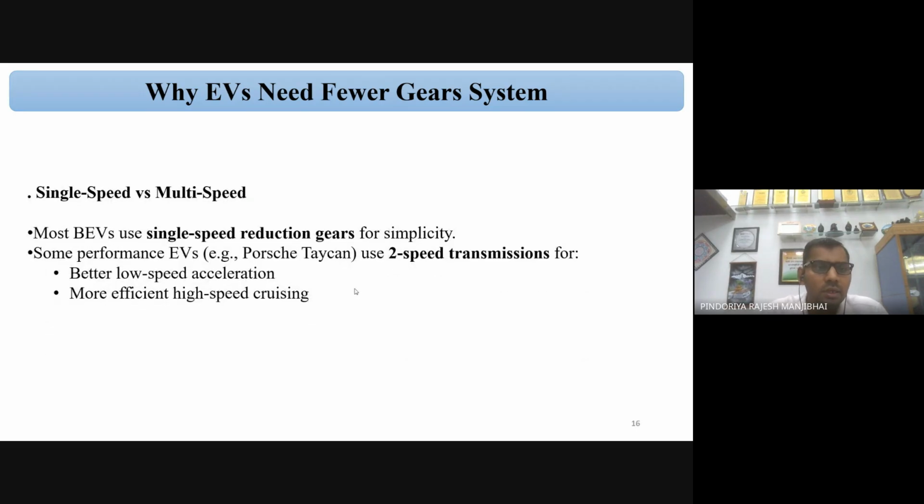Single speed versus multi speed. Most battery operated electric vehicles use a single speed reduction gear for simplicity. Some performance EVs, for example the Porsche Taycan, use a two speed transmission for better low speed acceleration and more efficient high speed cruising.